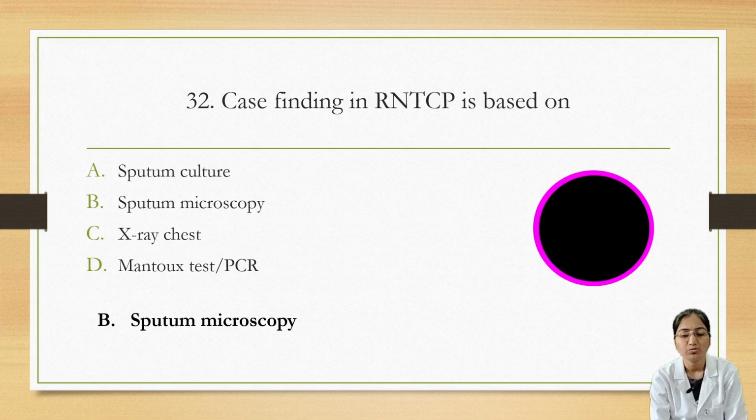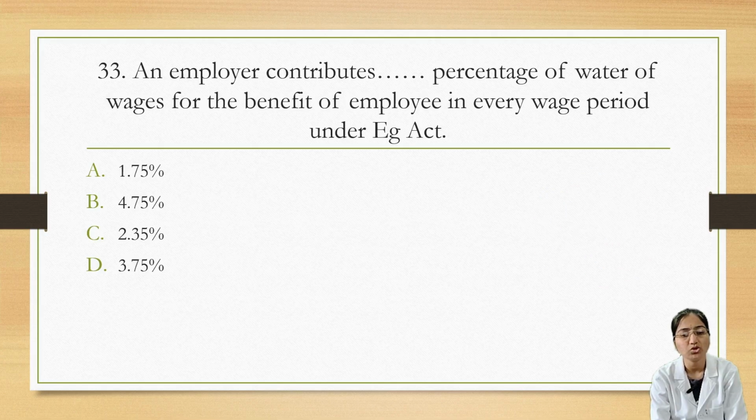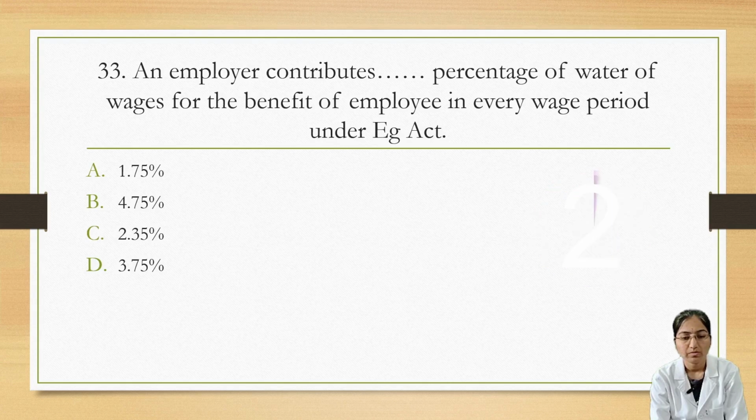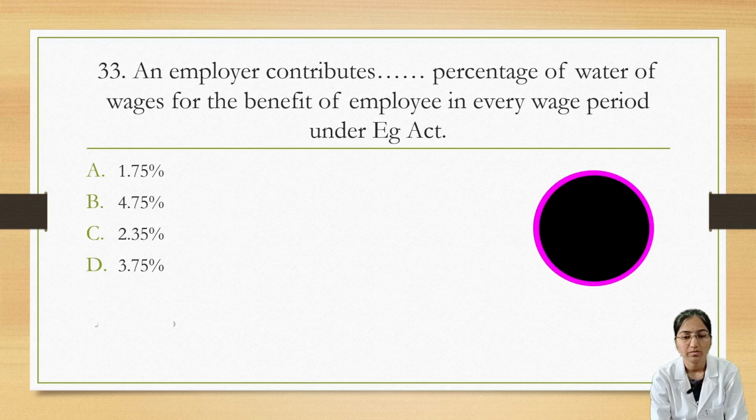Right option is B, that is sputum microscopy. Next question, an employer contributes what percentage of wages for the benefit of employee in every wage period under the ESI Act. Option is A, that is 4.75%.